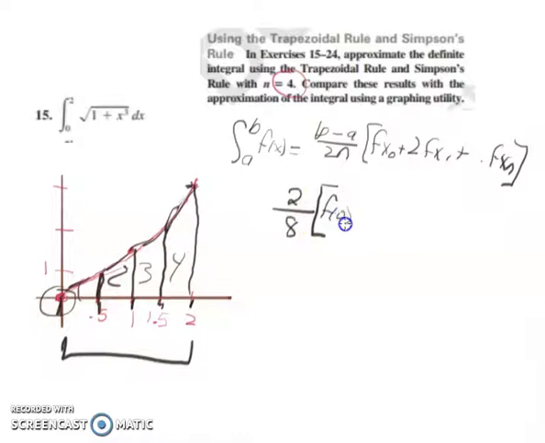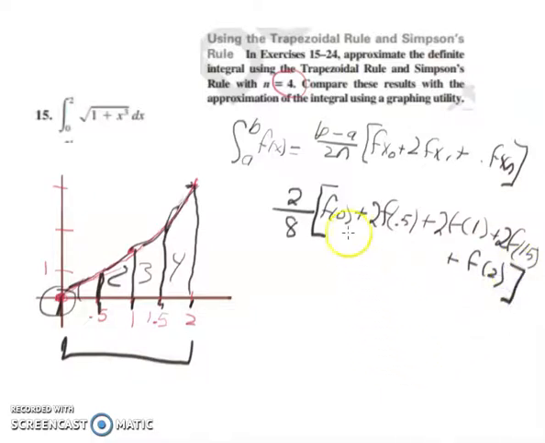F of 0 plus, okay, now the second one, 0.5, I'm going to have to do 2 of that. 2 f of 0.5 plus 2 f of 1 plus 2 f of 1.5 plus 1 of this f of 2. Hopefully I'm not over explaining it. We're good. Remember, it's 1, 2, 2, 2, 1.